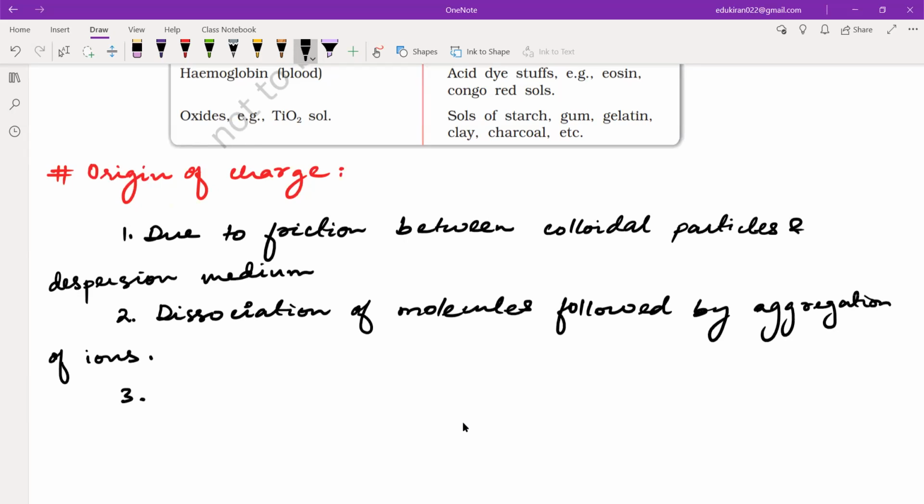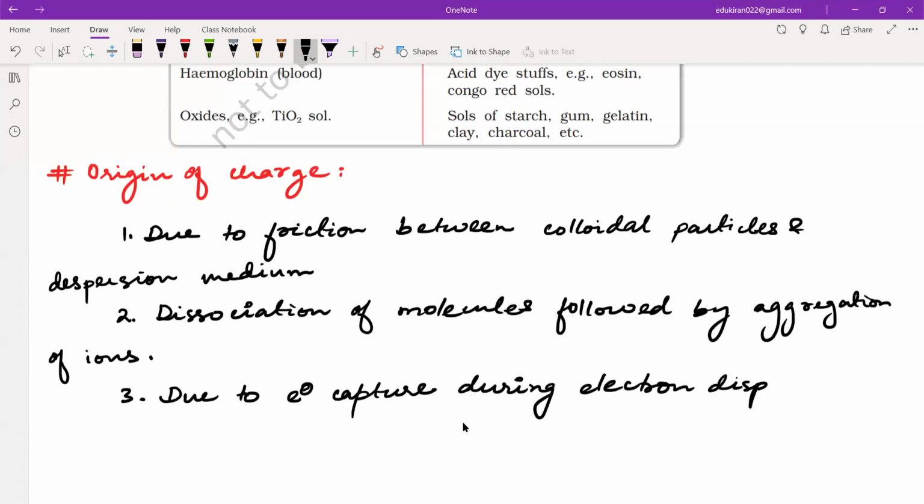The next reason is electron capture during dispersion of metals.